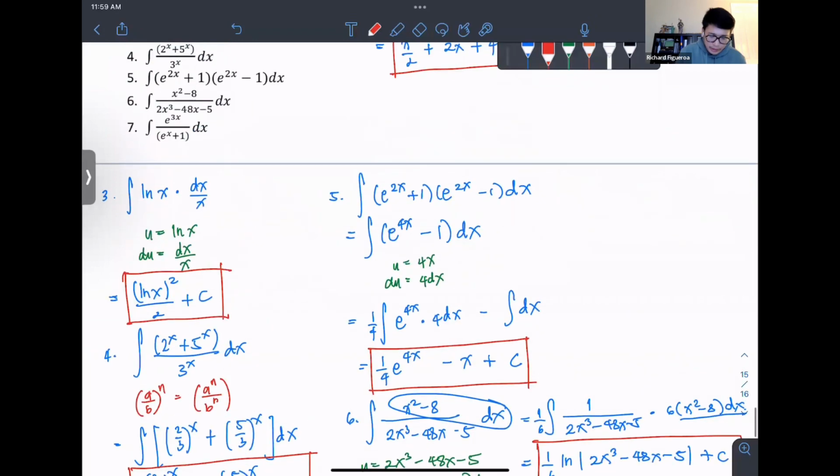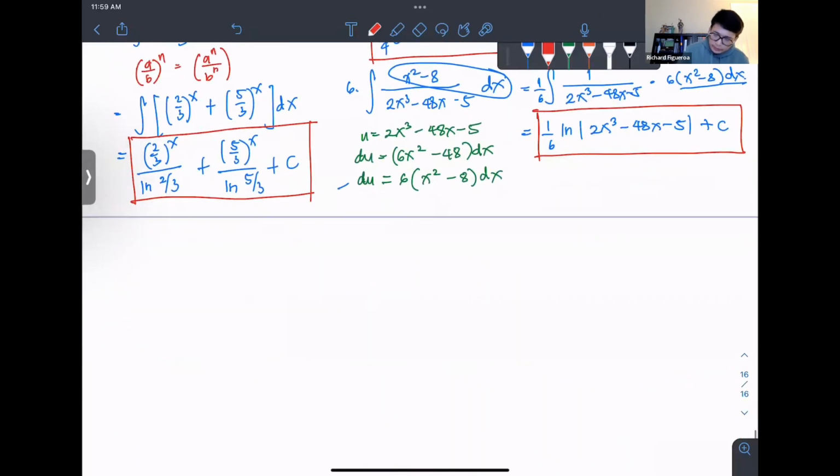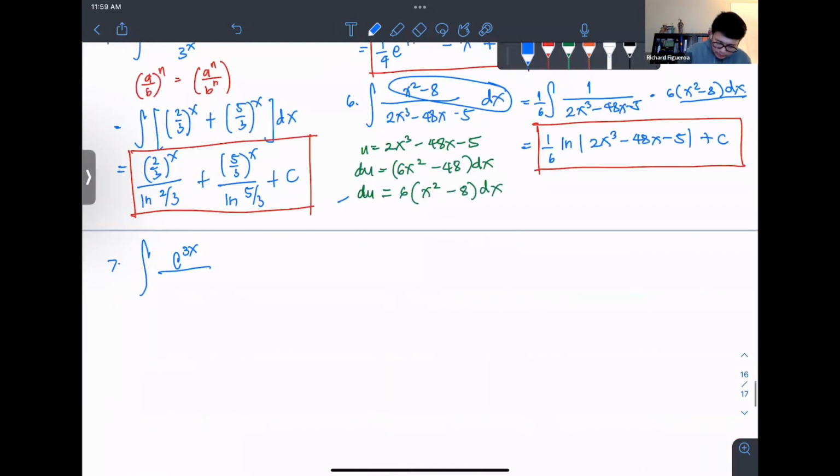And lastly, we have e raised to 3x over e raised to x plus 1. This is the same as the previous, but the difference is this is 3x. I'll do e raised to 3x divided by e raised to x plus 1.